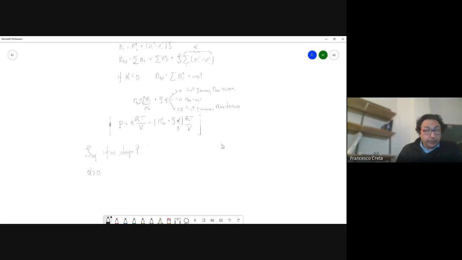Well, if you increase the pressure, what happens? If you then let it go and evolve spontaneously, the system will respond to reestablish a condition of minimum Gibbs energy.